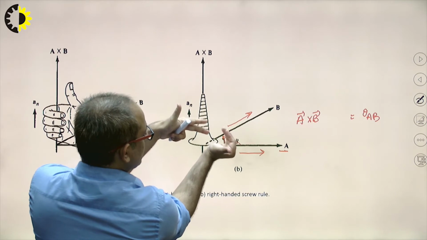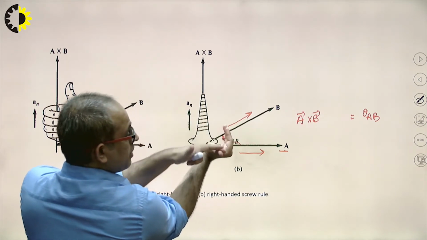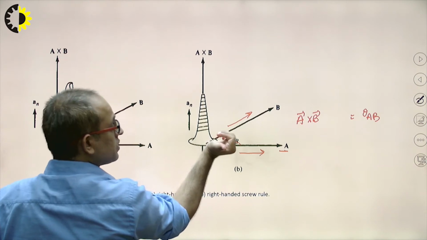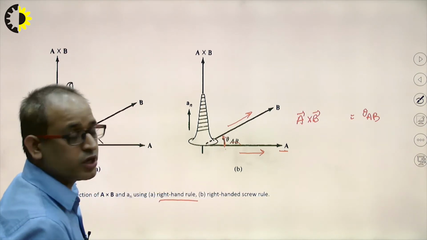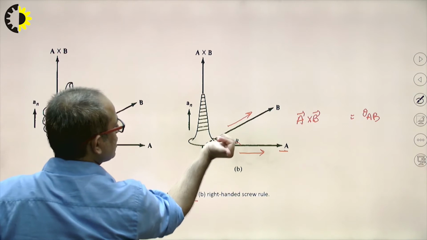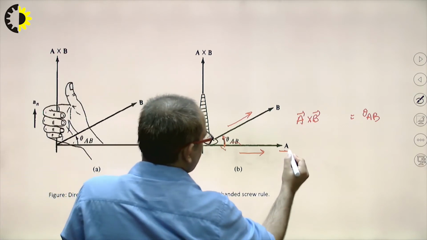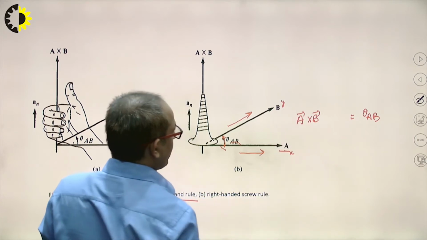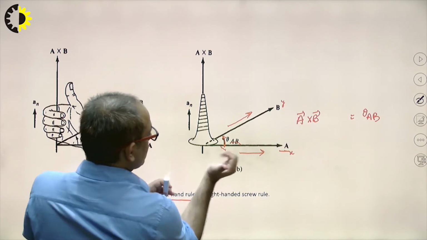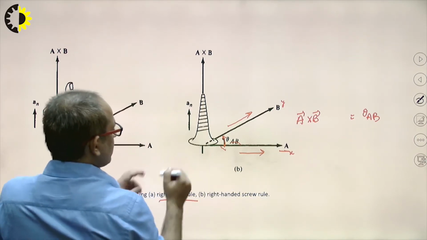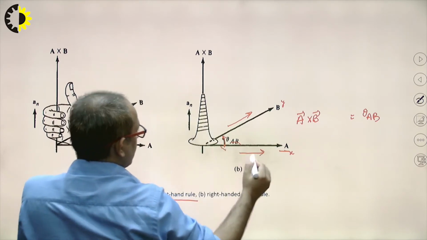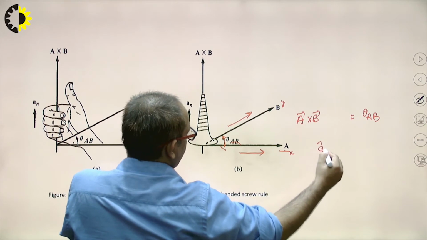You will see here the direction of the thumb shows the direction of the unit vector. If I say this is x, and this is in the y plane, then the unit vector will be in the direction perpendicular to x and y, that is a cap z.